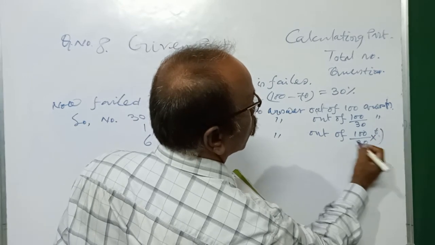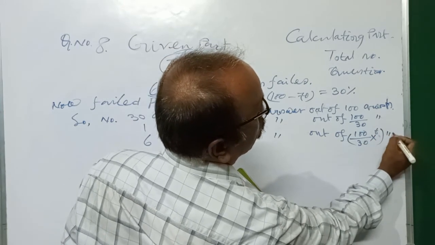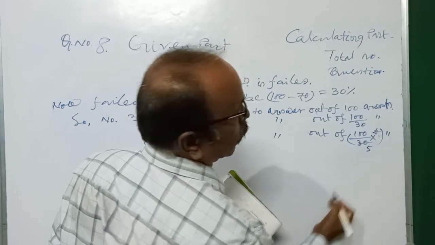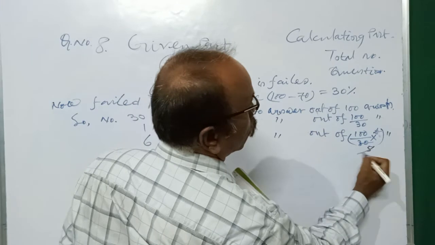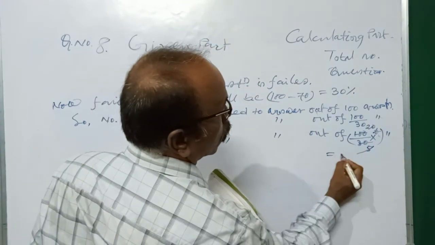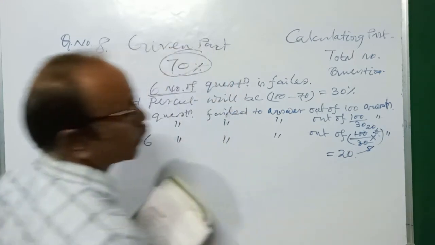Am I clear? 6 number of questions. You see, 6 5s are 30, 5 2s are 10, 0 is equal to 20.